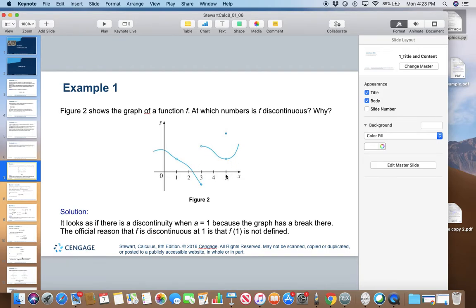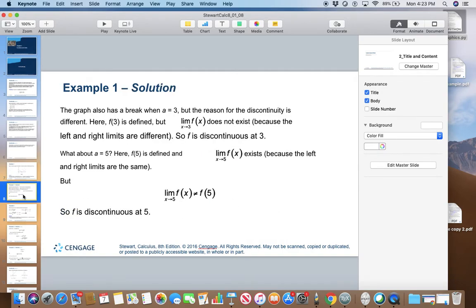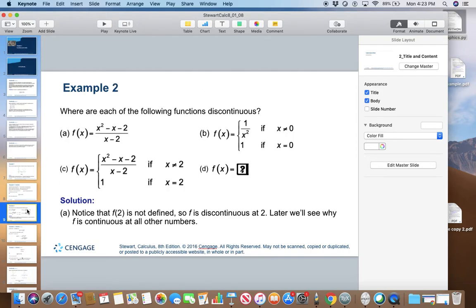What's wrong with 5? The value exists, the limit also exists, but the limit does not agree with the value. So you see, either the value does not exist, or here the limit does not exist. Here both exist but they don't agree. That's what makes them break. Okay. So that's what we have explained just now.